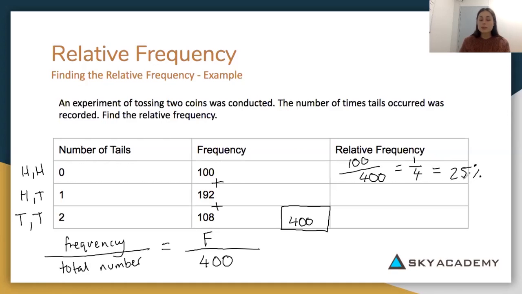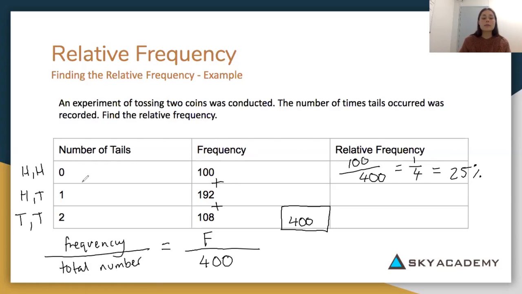So the relative frequency of getting 0 tails when we flipped the coins 400 times was 25%. Compared to the rest of the data points within that data set, 0 tails occurred 25% of the time.